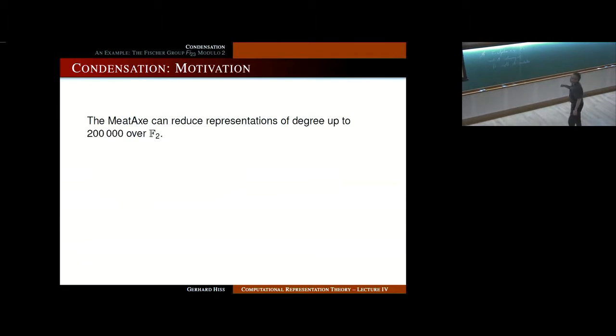Well, the MeatAxe, maybe nowadays, if you just naively start it, maybe not the GAP MeatAxe, but if you use Ringe's MeatAxe, which is a C standalone version, will be able maybe to deal with modules of degree up to 200,000. You remember the MeatAxe, what does the MeatAxe do?